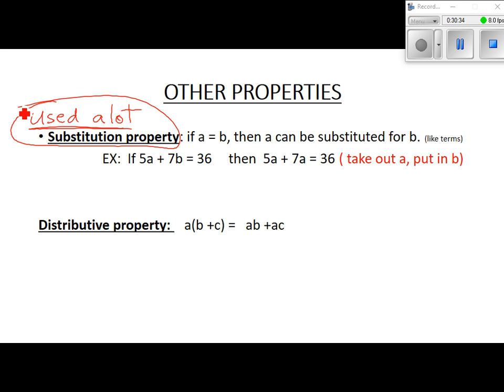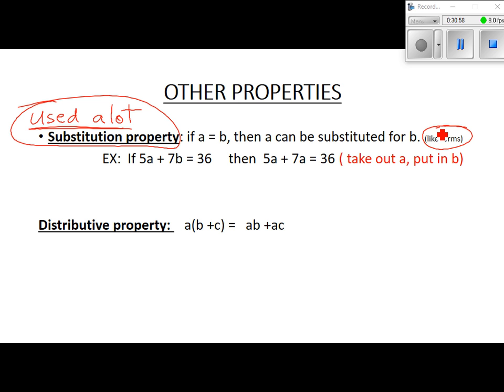One of the times you use it is when you have like terms. If you're just putting together like terms, like 3x plus 4x, what is 3x plus 4x? 7x. When you do that step, your reason for that can just be substitution property.